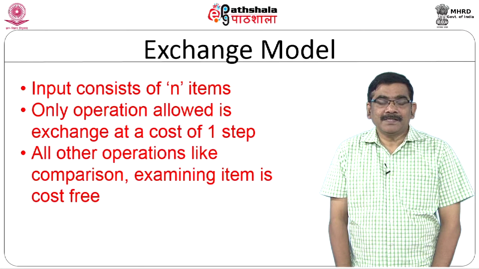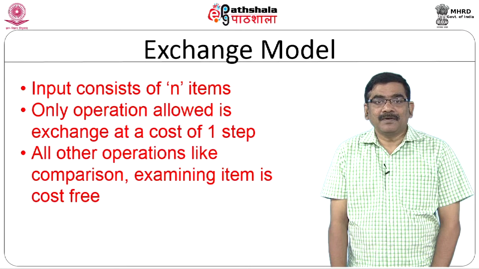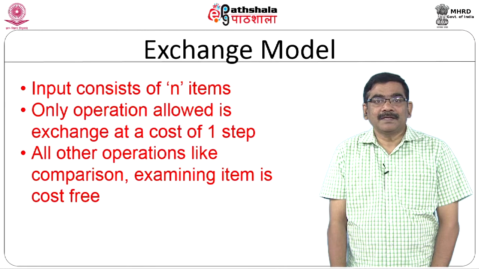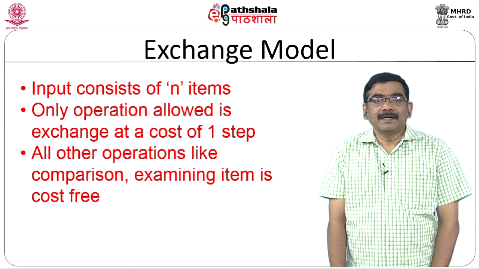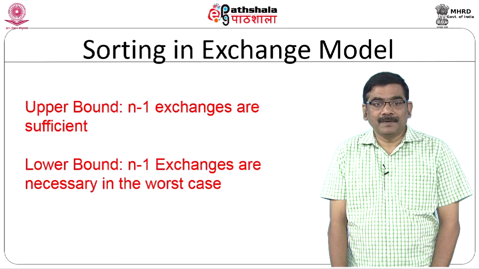So, in other words, in the exchange model, what we are trying to do is find the number of exchanges necessary, and based on that we try to find the minimum number of swaps that are necessary, and based on that we try to find the lower and upper bound.